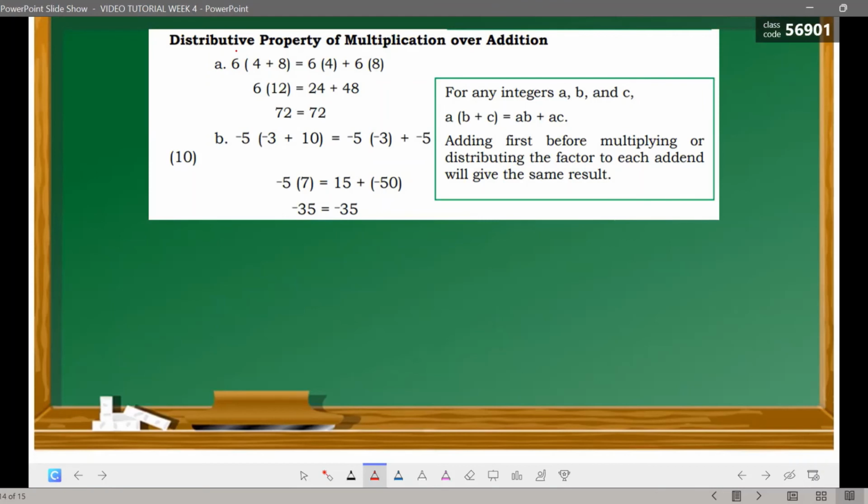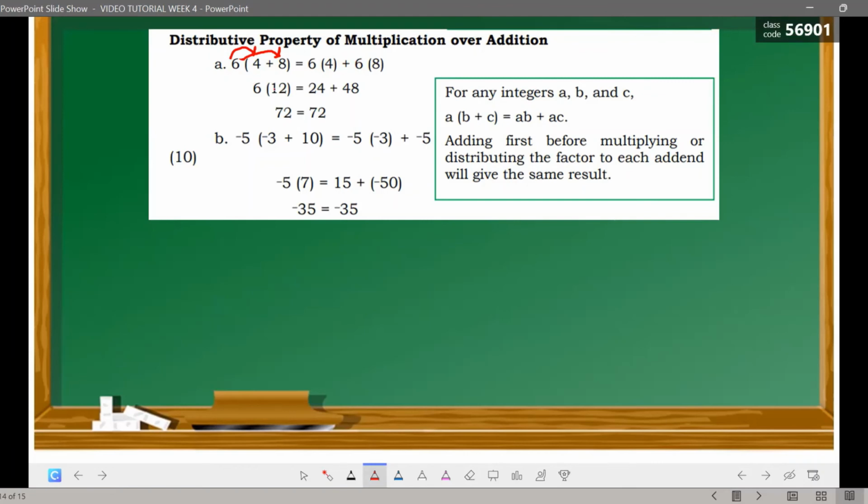So itong 6 ay dinistribute natin. Kaya nga from the word distributive property, distribute. So, distribute natin tong 6 dito sa 4 and then sa 8. Okay? So, pagka-distribute natin ganyan, multiplication yan. So, kaya dito, 6 times 4, then plus 6 times 8. Kung ano ang operation dito, same operation na ilalagay natin dito.